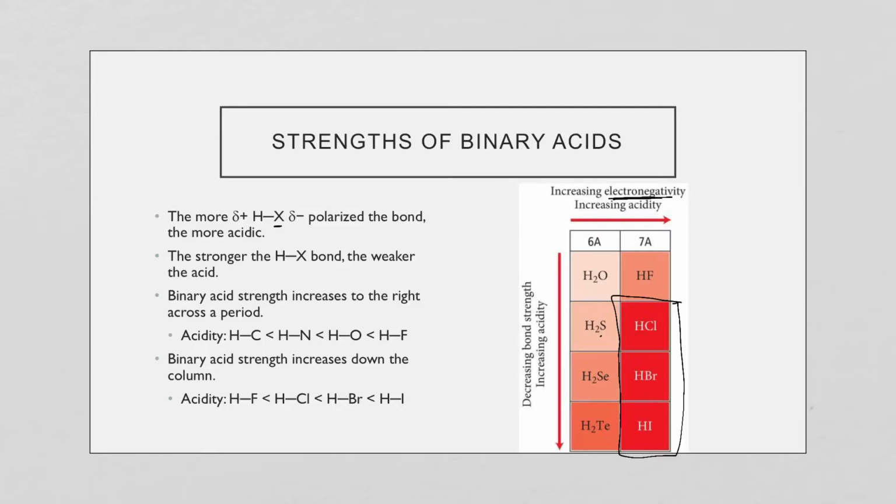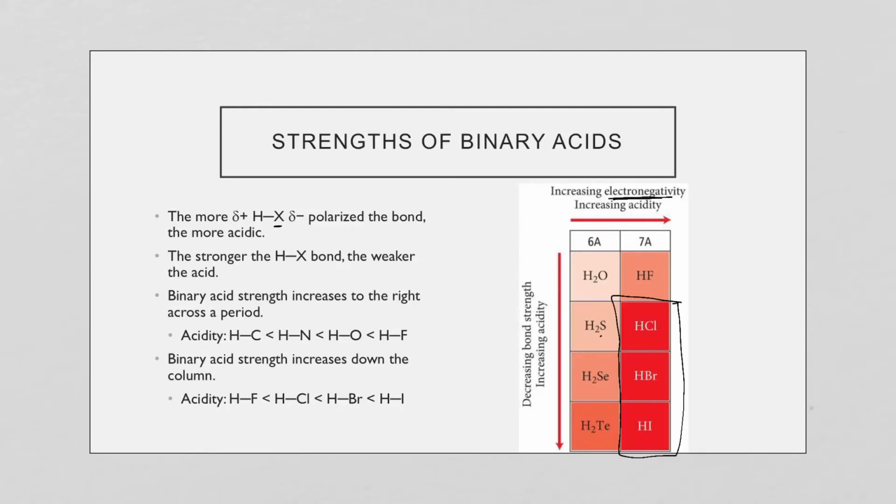The other big trend is the strength of that bond, and we really see that in the up and down trend. So the stronger this bond becomes, the weaker the acid is, right? And if we remember back to Chem 1 and our periodic trends, if we remembered what happens when you go down a column, right? Atoms get bigger, right? As atoms get bigger, bonds get longer and weaker.